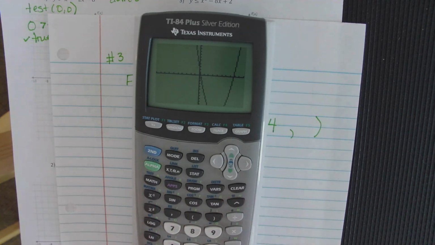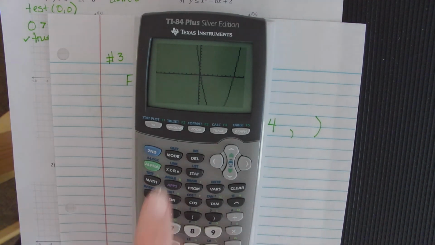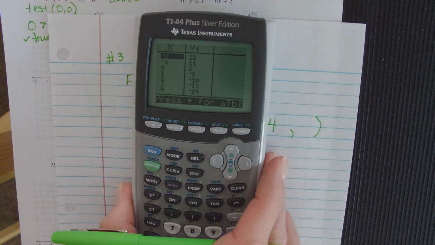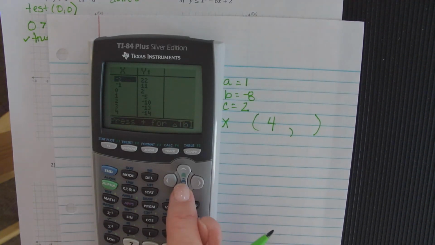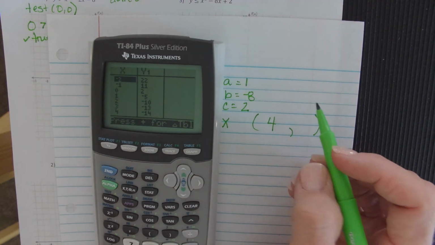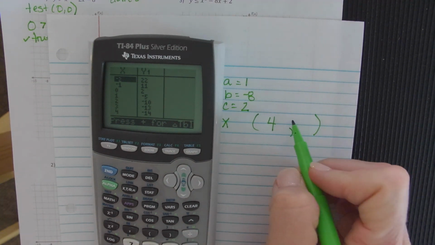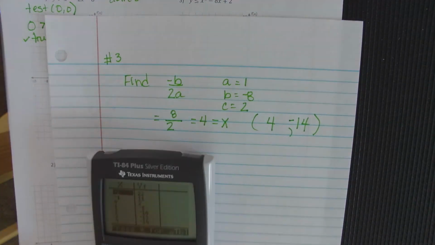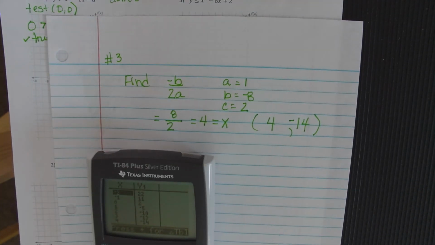So what's the next step? Where do I go? Table. Second table. I need to find where x is 4. What is the y coordinate of the vertex? Negative 14. All right, let's stop and make sure everybody can catch up.